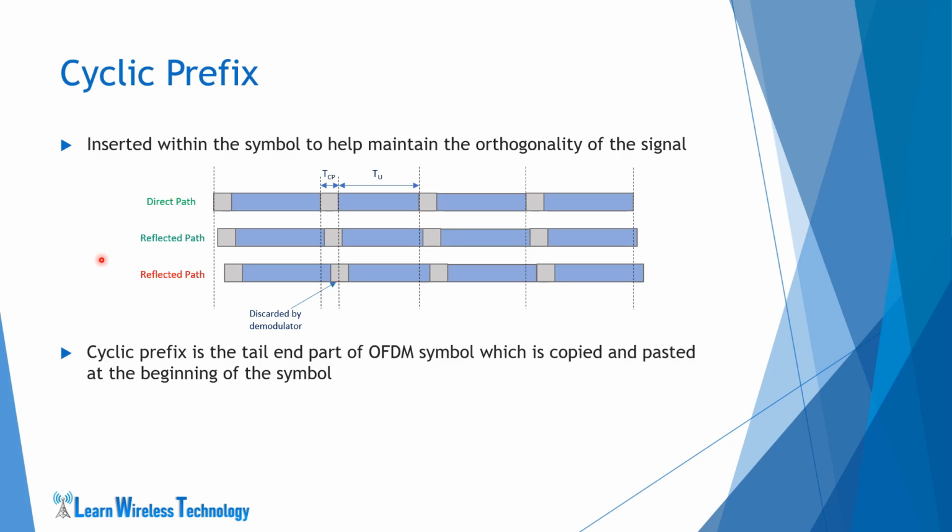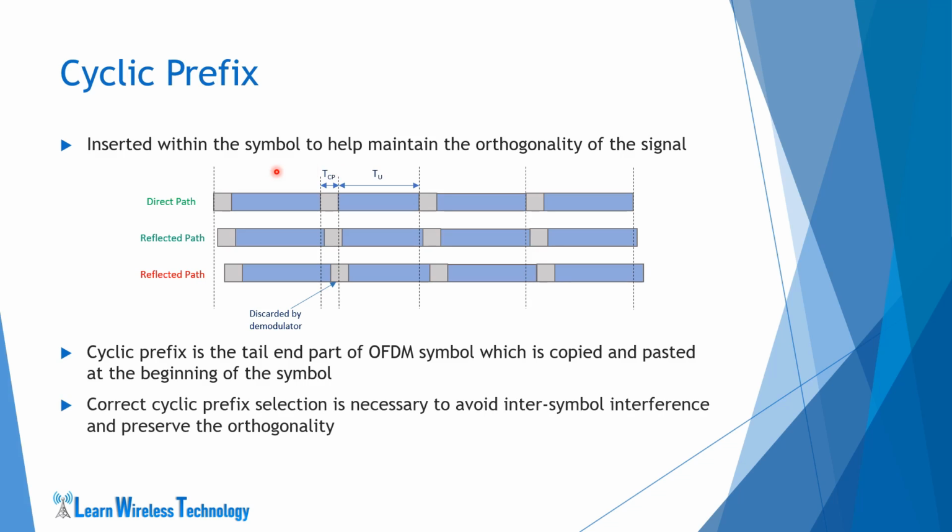So considering the duration of the effective symbol time as TU and the duration of the cyclic prefix as TCP, after the insertion of the cyclic prefix to the effective symbol, the total duration of the symbol increases to TU plus TCP. At the receiver, the integration is carried out over the original symbol time TU.